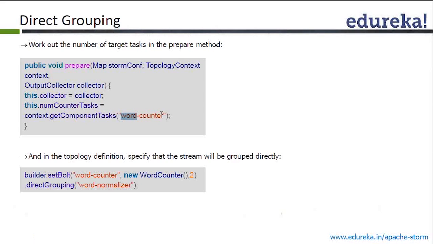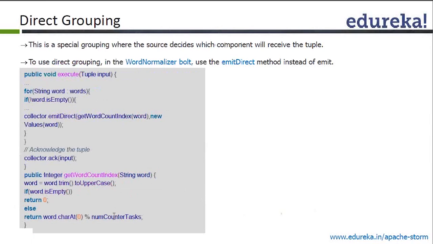Is that clear? Udbhav says it is clear, but I was looking for some sort of confusion here. So let me repeat it once. You got the number of tasks. Based on that, you took the modulo of the first character, and you returned it.